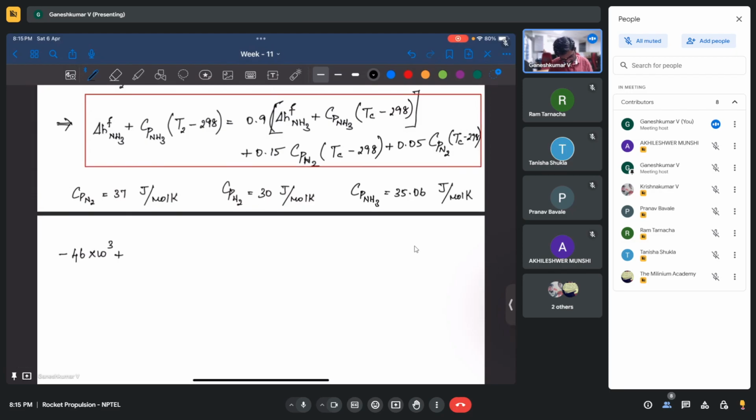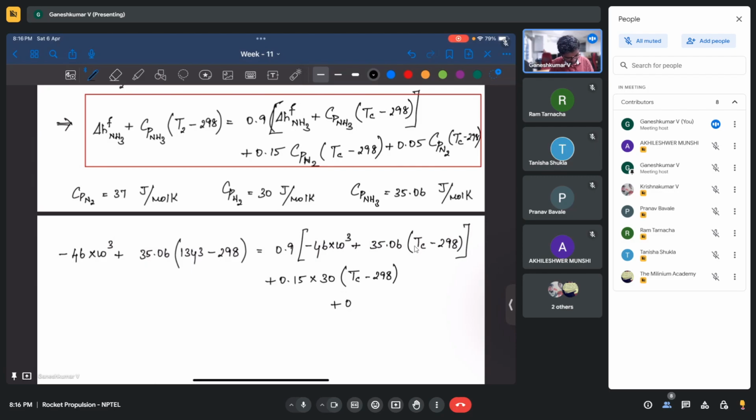If you substitute this, 35.06 into T2, which we already know is 1343, minus 298, equals 0.9 into minus 46 into 10 power 3, plus 35.06 into Tc minus 298, plus 0.15 into 30 into Tc minus 298, plus 0.05 into 37 into Tc minus 298.